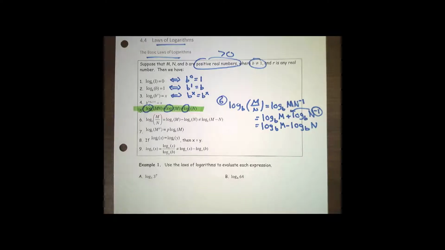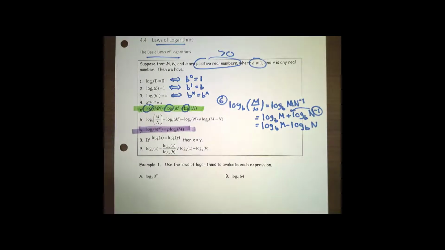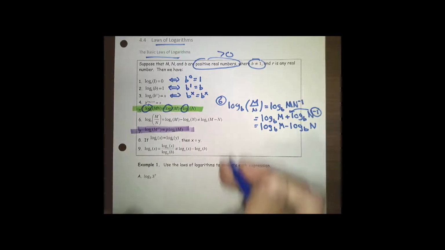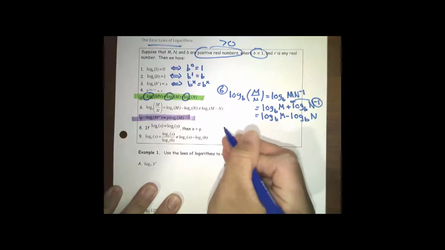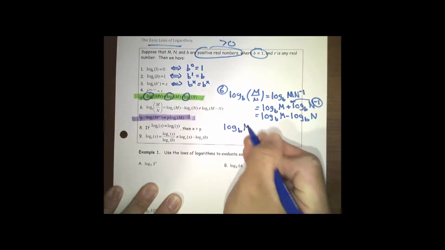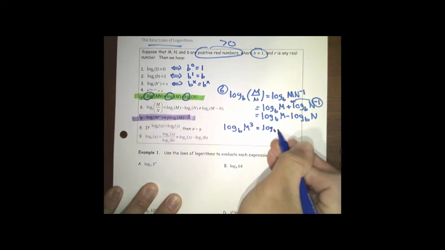Now, that means that rule number 7 is actually fairly important, because I needed it to show that I could bring this exponent in front here. But if you think about this, if I had, say, log base b of m to the third power, that's log base b of m times m times m.